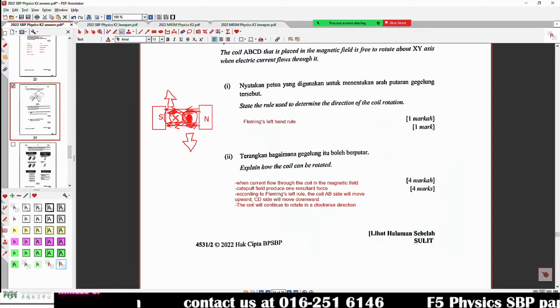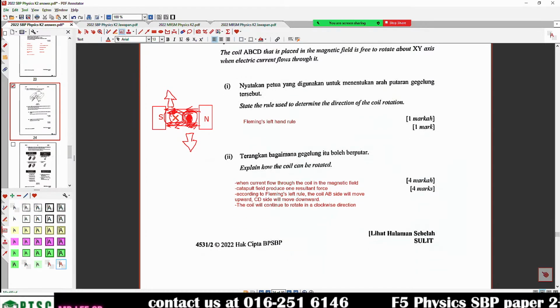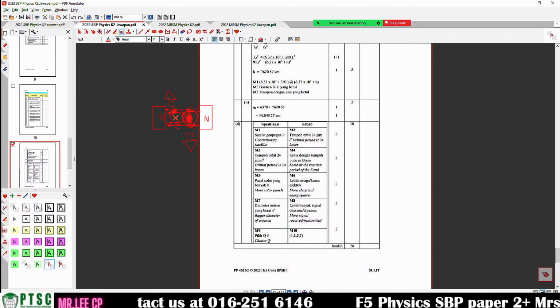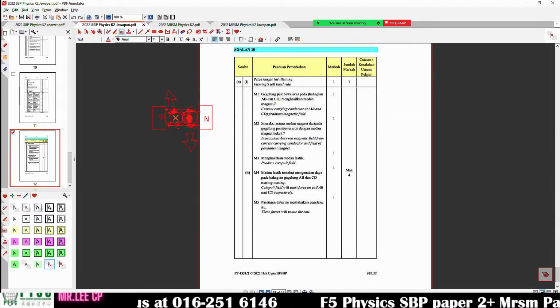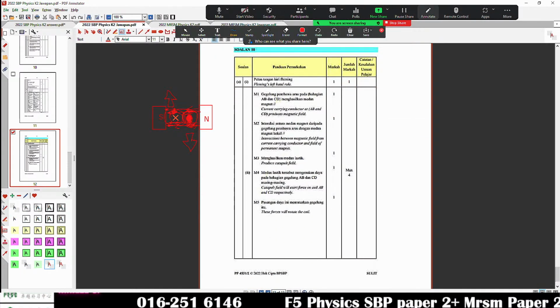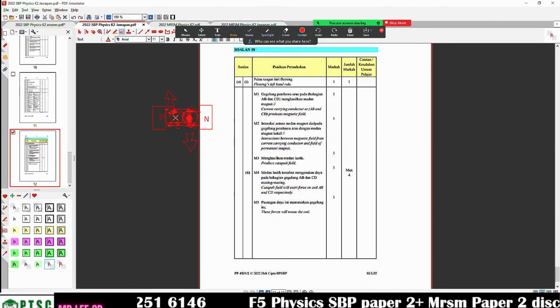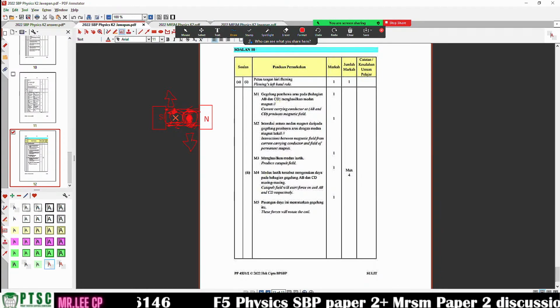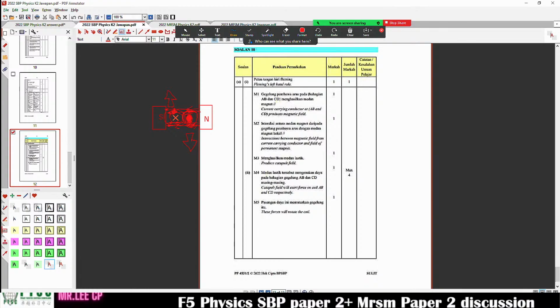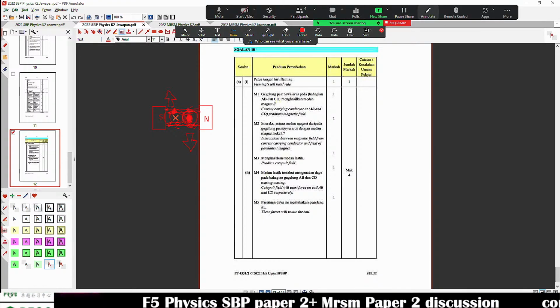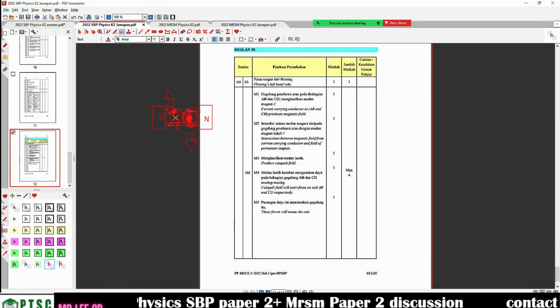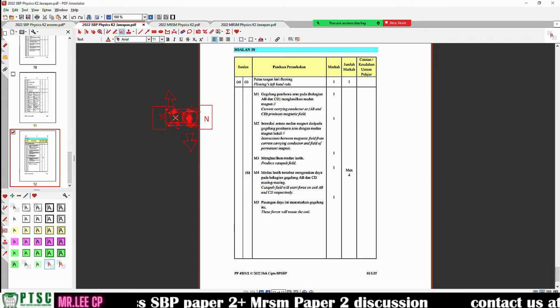Is that okay? So I got 4, right? I want to see how many marks I get. First one: the current carrying conductor in AB and CD produces a magnetic field, mark 1.